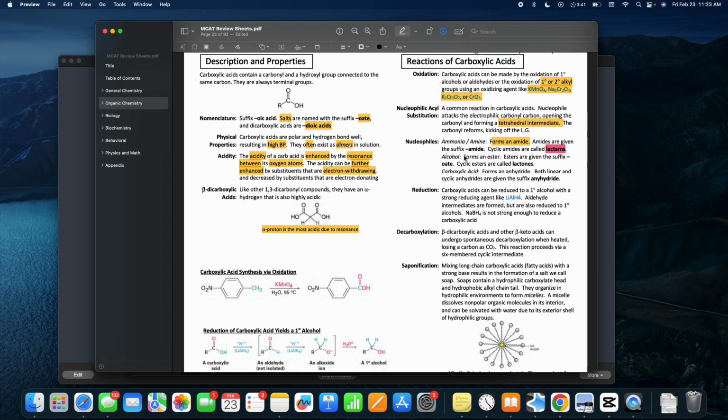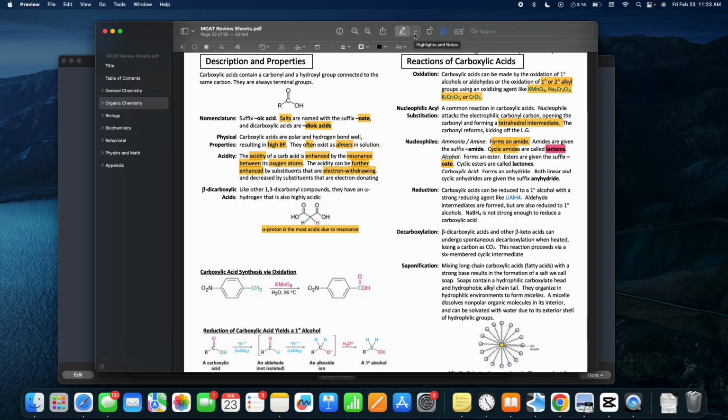Then we have alcohols, which form an ester. Esters are given the suffix -oate. We had -oate here as well. The salts, you see that they are -oate. So -oate here as well. And cyclic esters are called lactones.